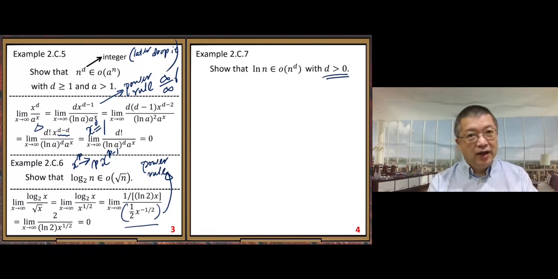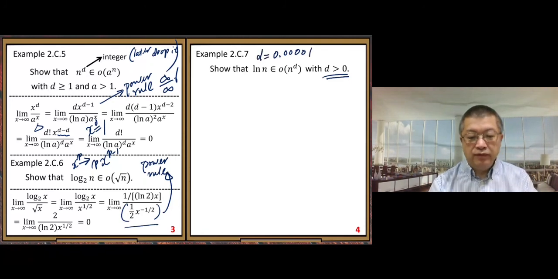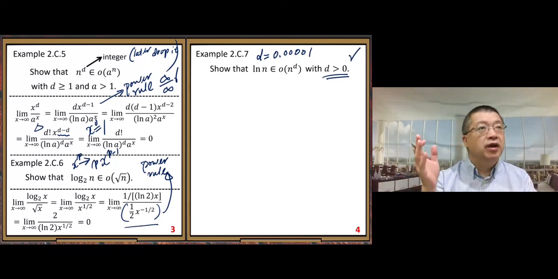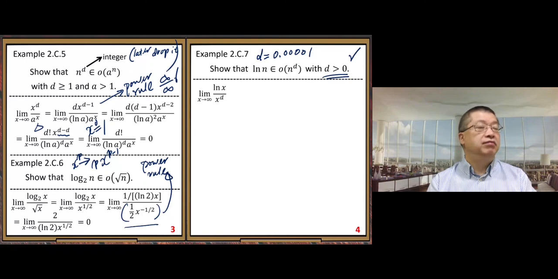Okay? Yeah. So later you will see sometimes we may pick 0.00001. If d equals that, this is still true. Okay? Even if d is a very small positive number, this result is also true. Yeah. To prove it, L'Hopital's rule.